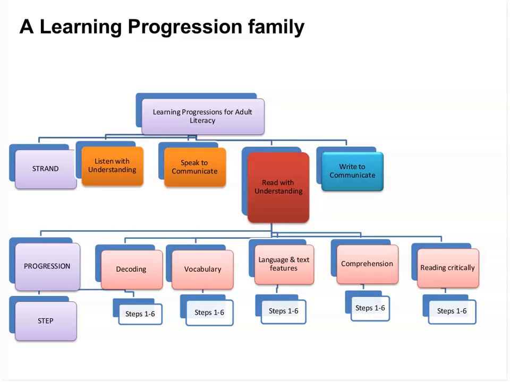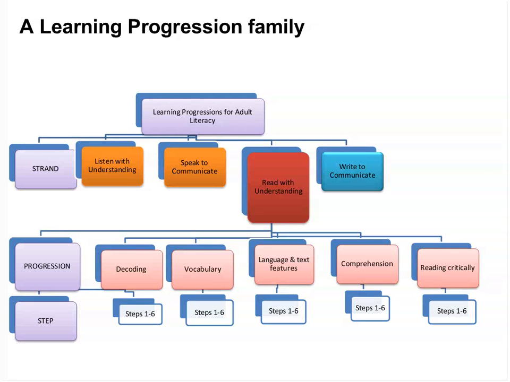And for each of the learning progressions, it is the same structure, going from 3 to 5 progressions for each strand chart. So again, there are 3 strands for the numeracy, and there are 4 strands for the literacy, but the speak and the listening are within one book for the literacy progressions.